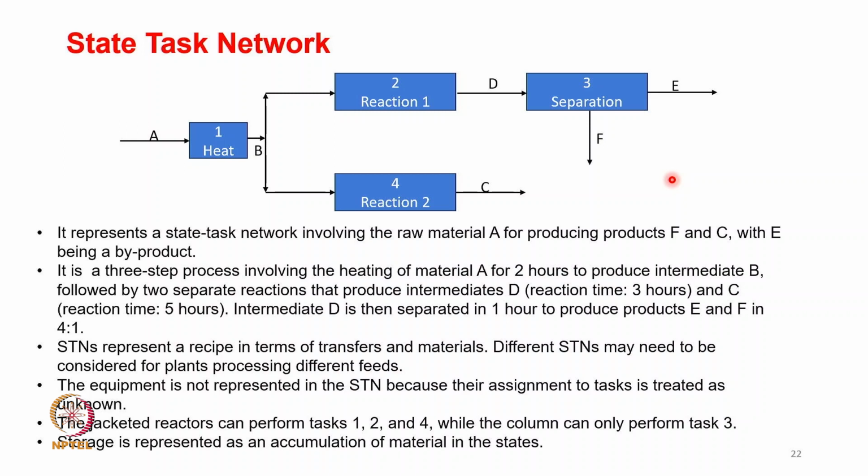So jacketed reactors can be used for performing task 1, 2, and 4, while separation is typically done by means of separation columns and so on and so forth. Storage is typically represented as accumulation of material.